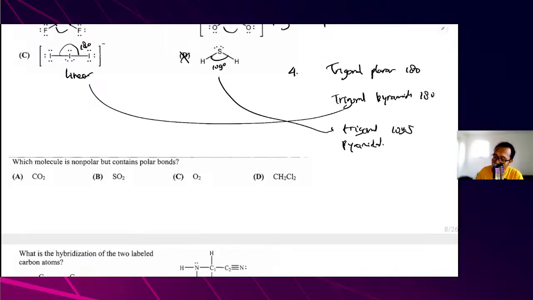So we need to know what's the definition of nonpolar itself, and what's the definition of polar itself. Let me bring this one first.